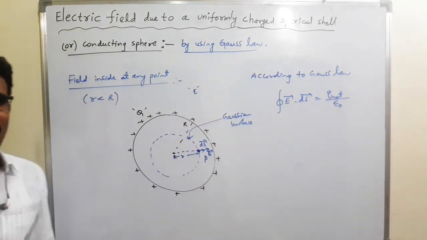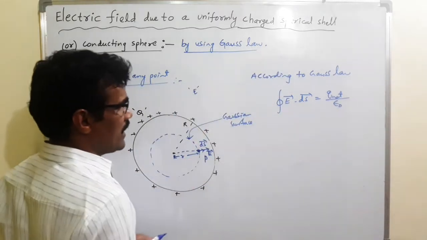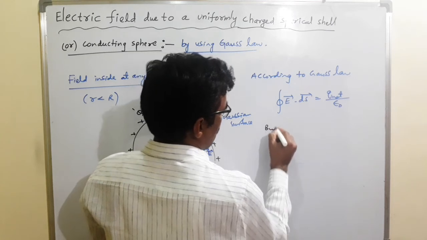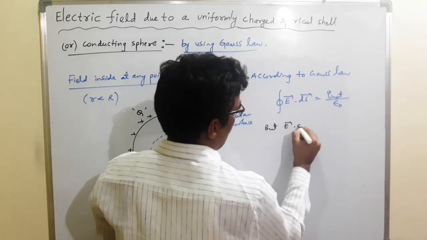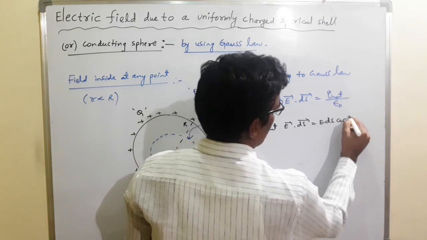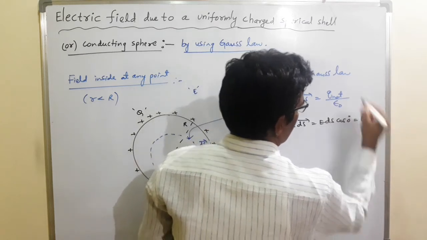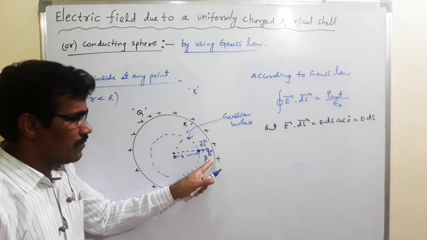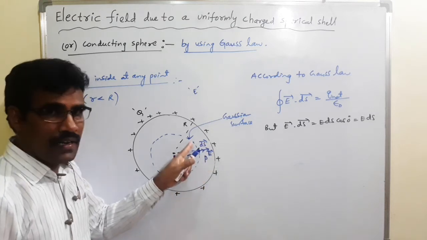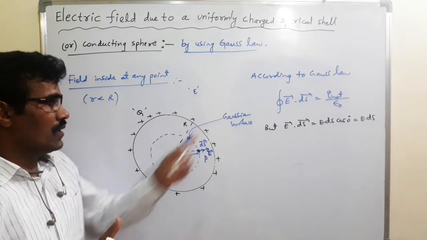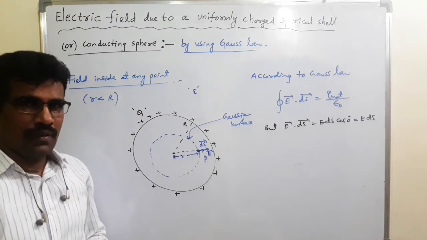Students, E bar and ds bar are in the same direction, so E bar dot ds bar equals E ds cos 0, which is equal to E ds. At all points on the Gaussian surface it is the same.